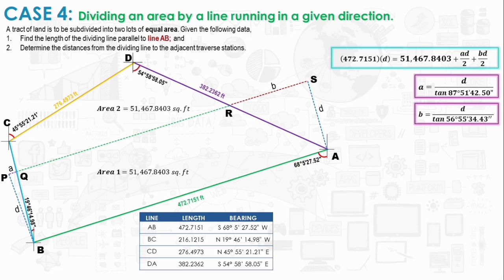For step number 7, we're going to determine the value of D by substituting A and B into this equation.